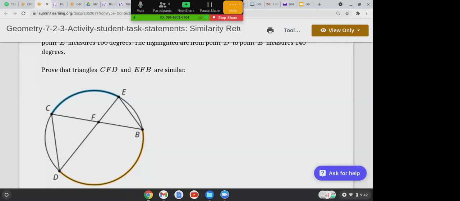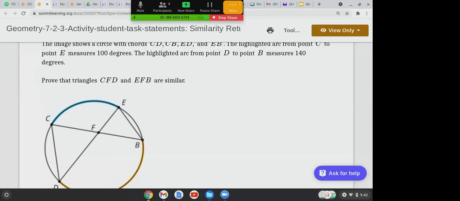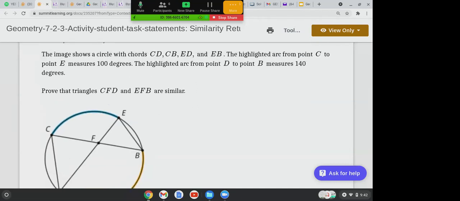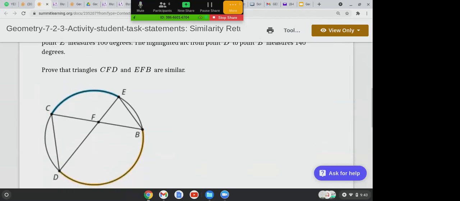In the directions, they told us that the arc from C to E is 100 degrees, and they also told us that the arc from D to B was 140 degrees.